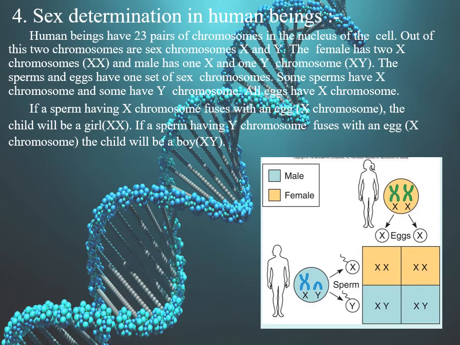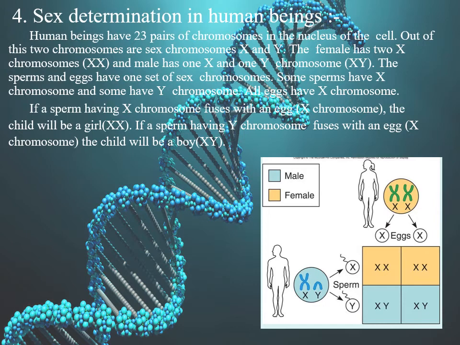If a sperm having an X chromosome fuses with an egg that has an X chromosome, the child will be a girl having XX chromosomes. And if a sperm having a Y chromosome fuses with an egg that has an X chromosome, the child will be a boy, XY.